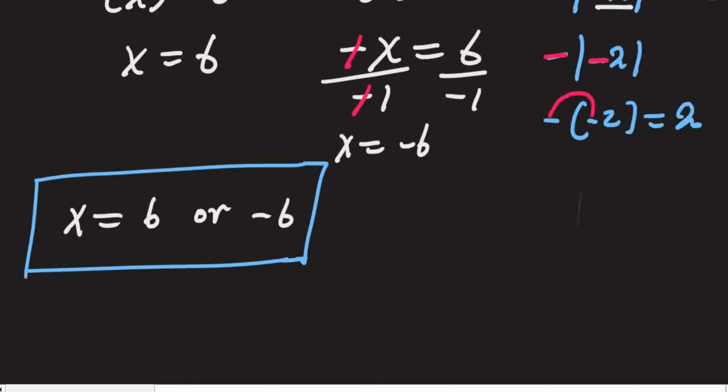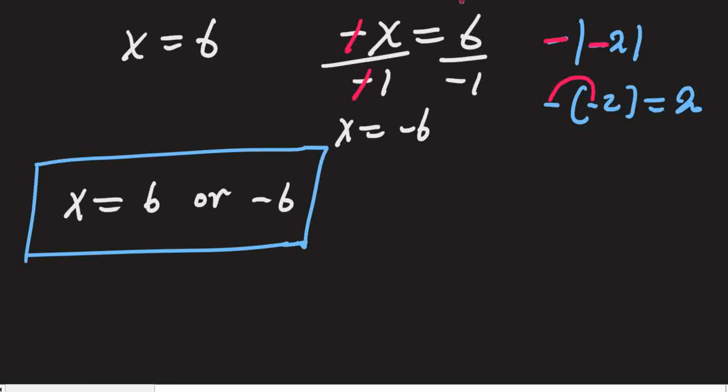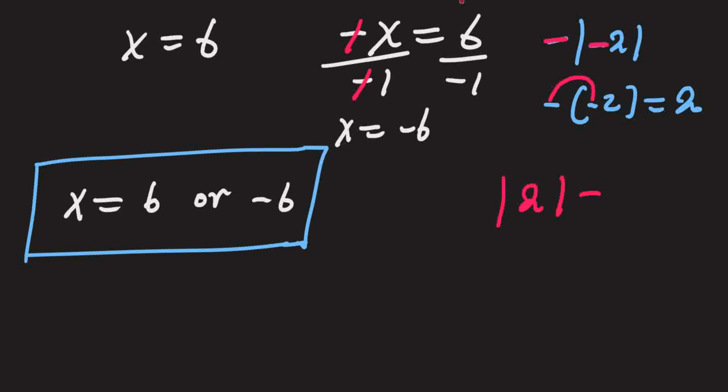So in summary, the absolute value of 2 is equals to 2, and the absolute value of -2 will also be 2.